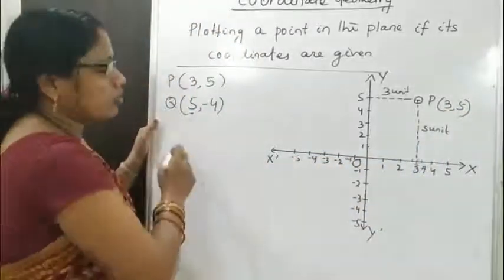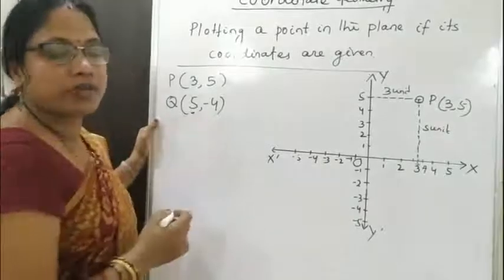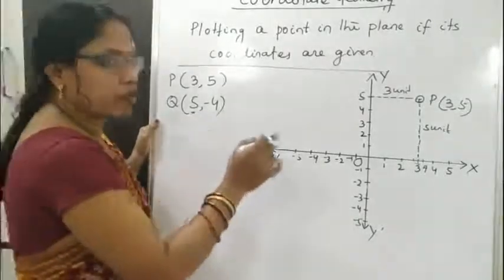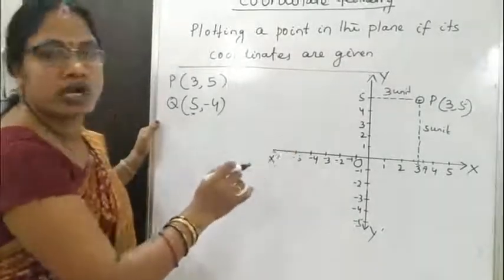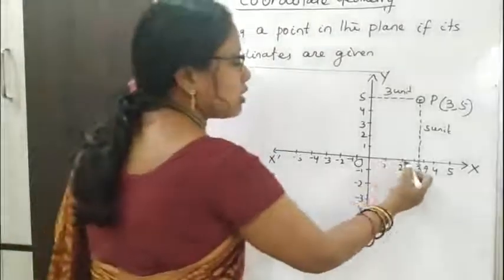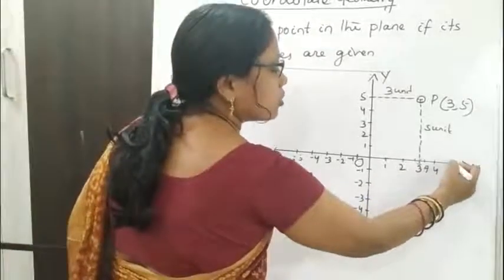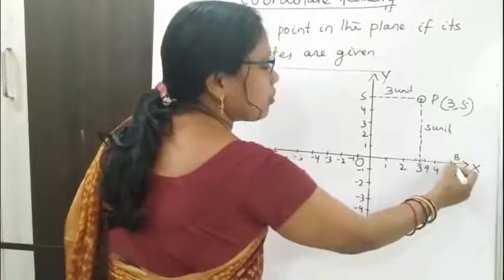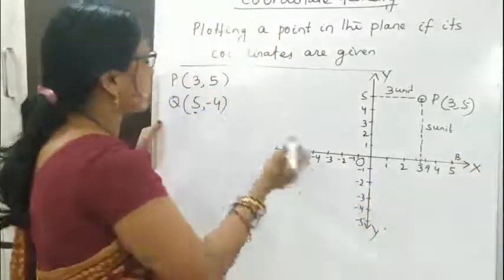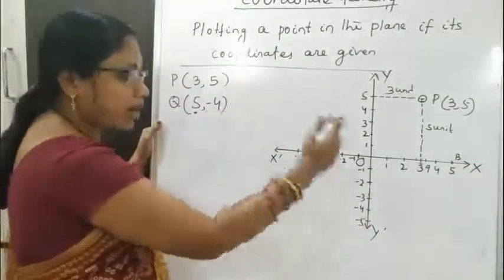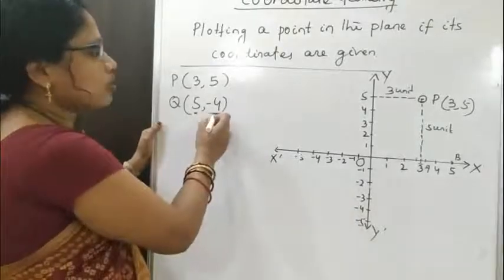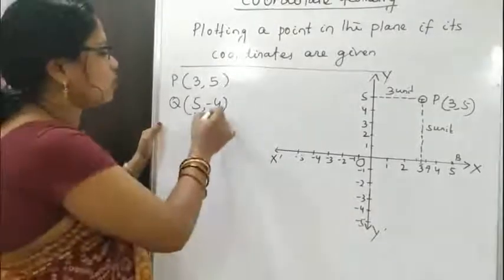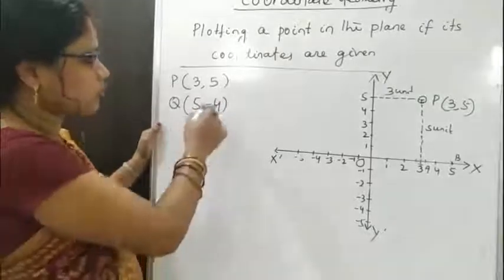Like Q, the x coordinate is 5. So we have to move along the x-axis towards positive direction, that is 1, 2, 3, 4, 5. Let this point be B. From point B we move parallel to the y-axis towards negative direction, as the y coordinate is negative 4 here.